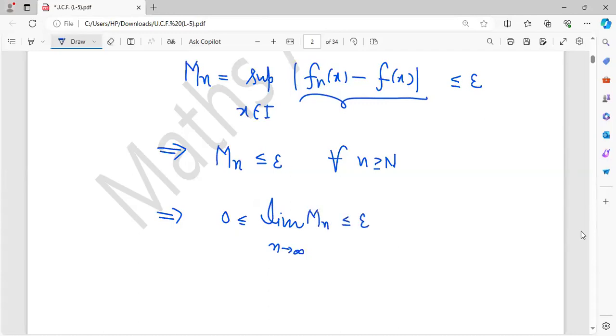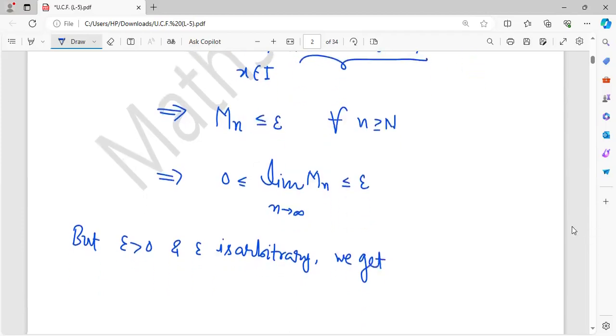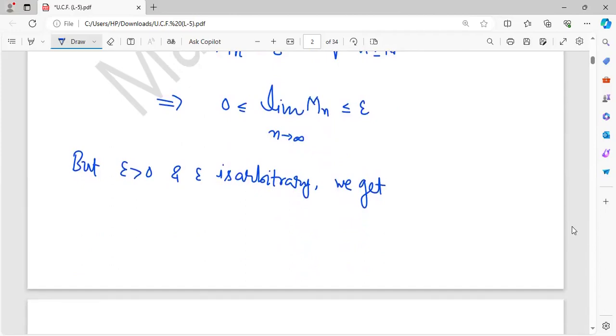But epsilon is greater than 0 and arbitrary, so we can make epsilon as small as we like. We can take epsilon equal to 1 upon n, and as n tends to infinity it will be 0.